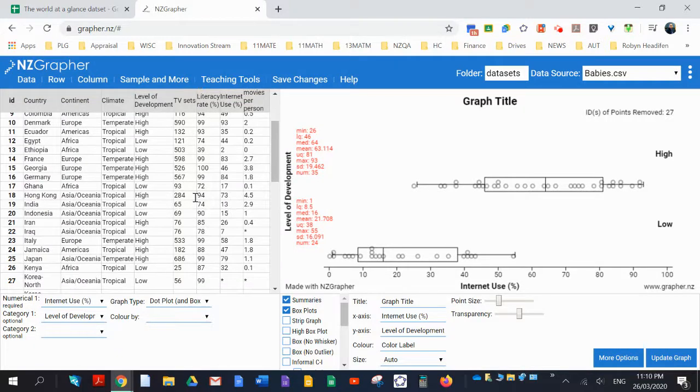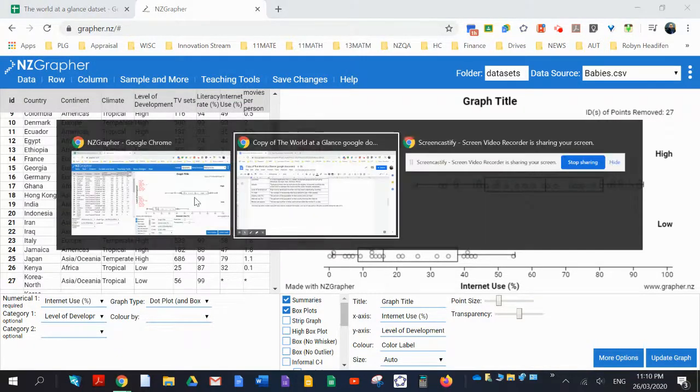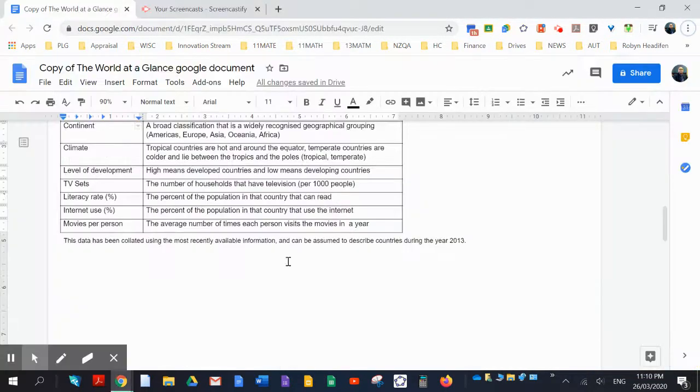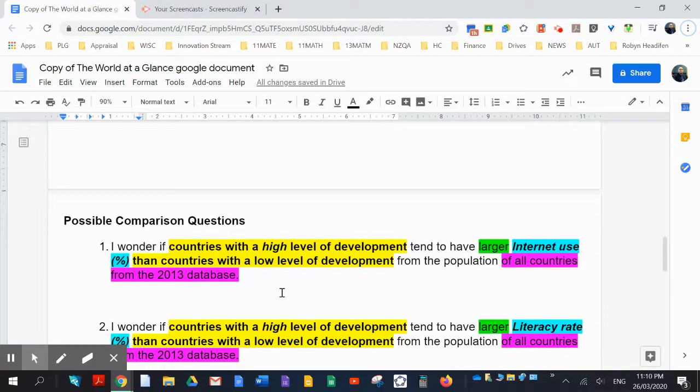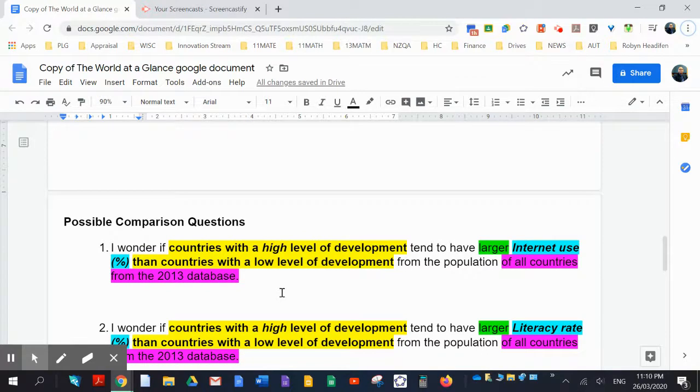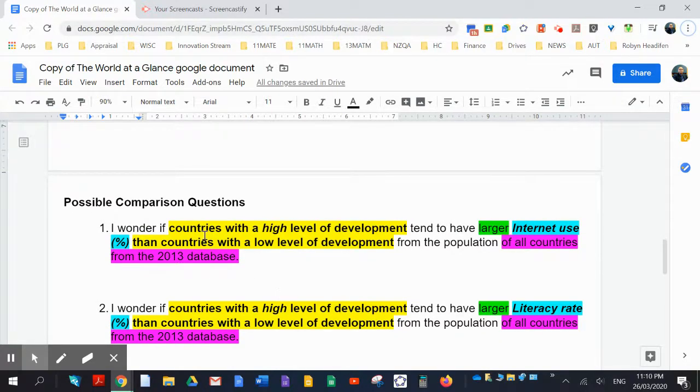So I've come up with some questions, and I'm going to show you that file of mine. Here it is. On the bottom, here's the first one. Feel free to pause the video and read this, please, because I've got a time limit on this. I wonder if countries, so the yellow bit is my two subcategories of the larger categorical variable of levels of development. So I've chosen to award it like this.